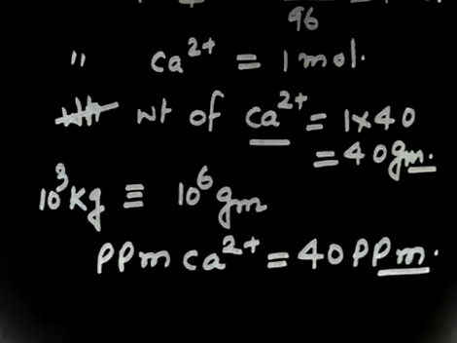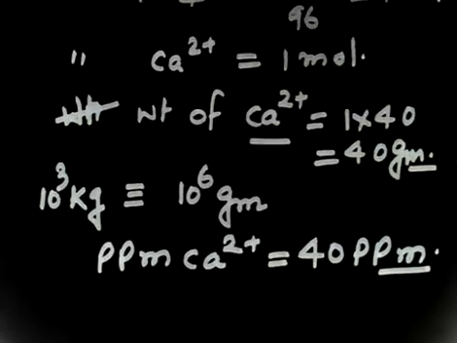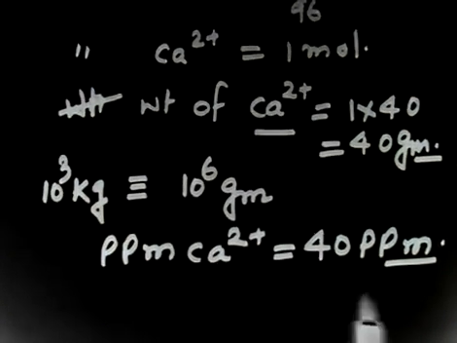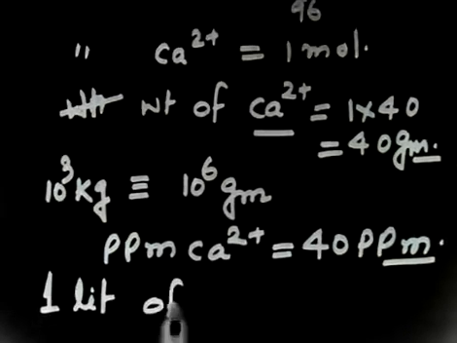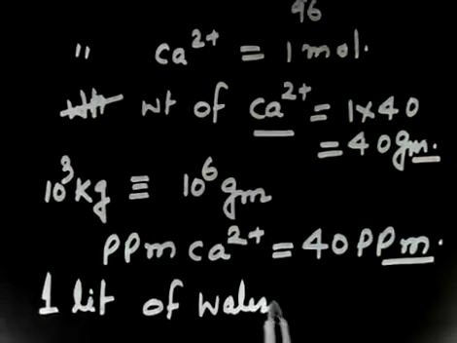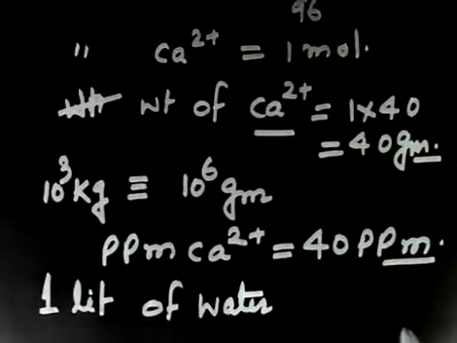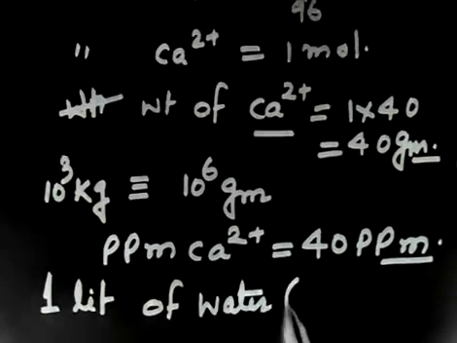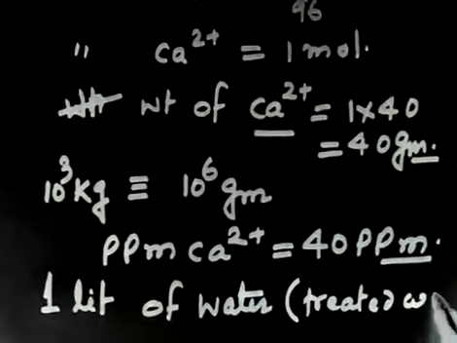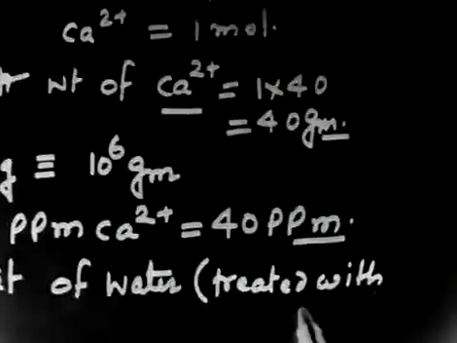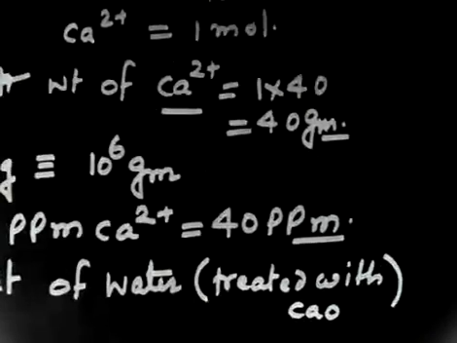The next part of the question says, if the Ca2 plus ion in 1 liter of the treated water is completely exchanged by hydrogen ion. So now they are saying something about 1 liter of solution. So let us say I take 1 liter of water that is treated with CaO. Already it is treated. So I am taking 1 liter of treated water.